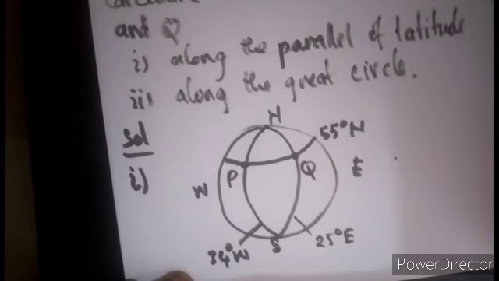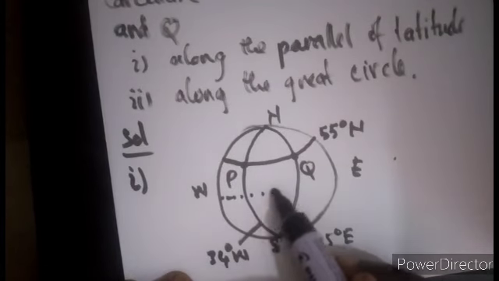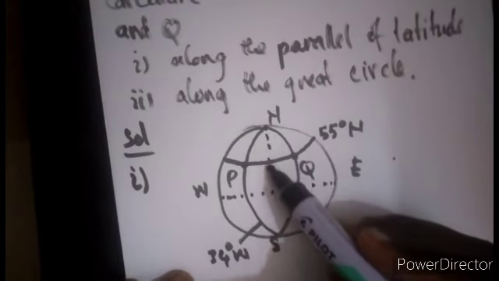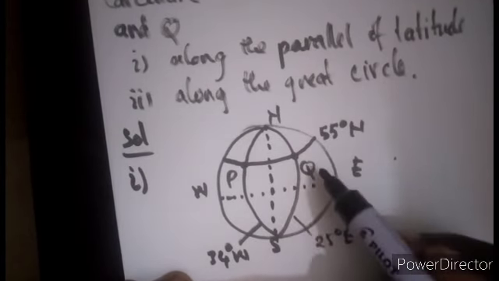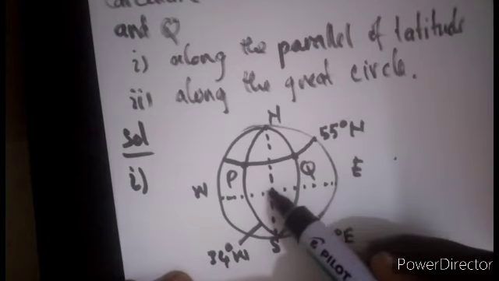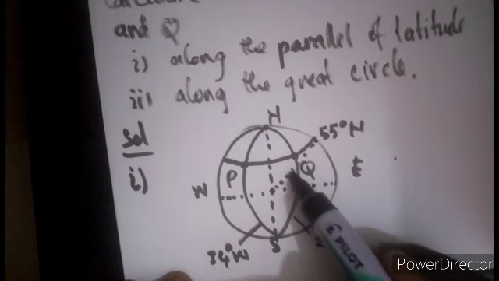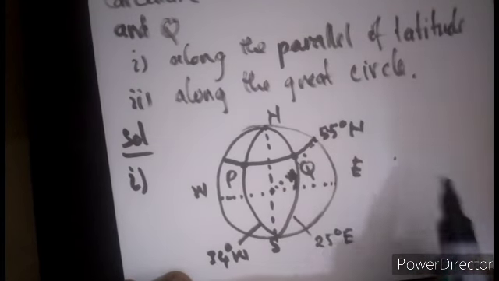Now if here is the equator and the meridian, the angle from the equator to this point, that angle is phi, and it is 55.